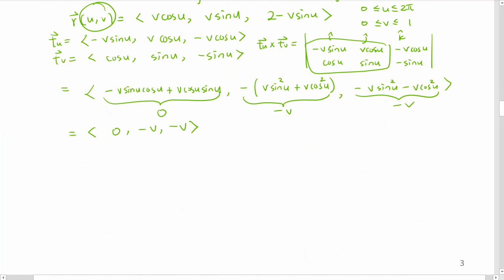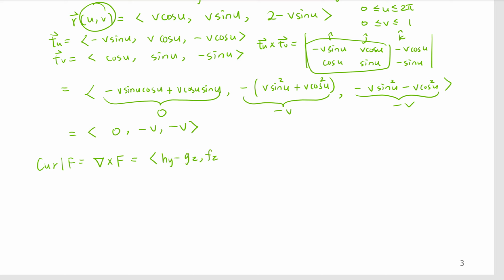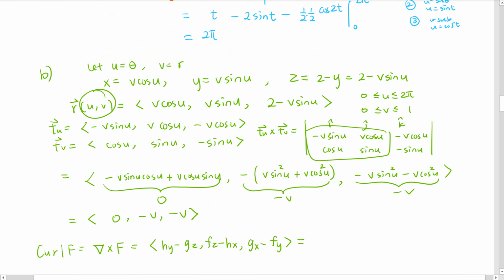So what is the curl of f? Sorry, not gradient. It's del cross f. If you can remember it, that is hy minus gz, fz minus hx, gx minus fy. Now let's look at our f.